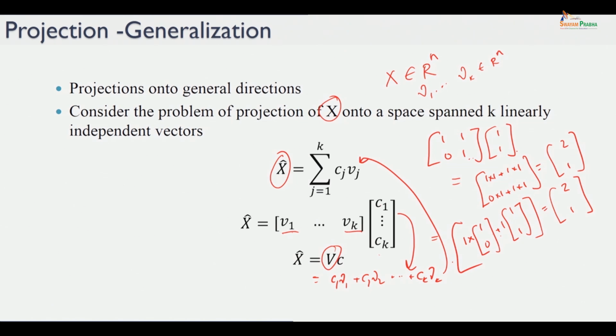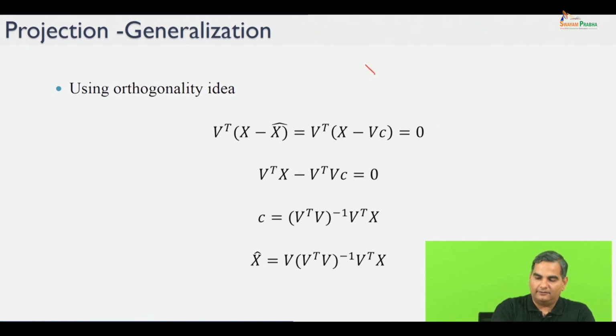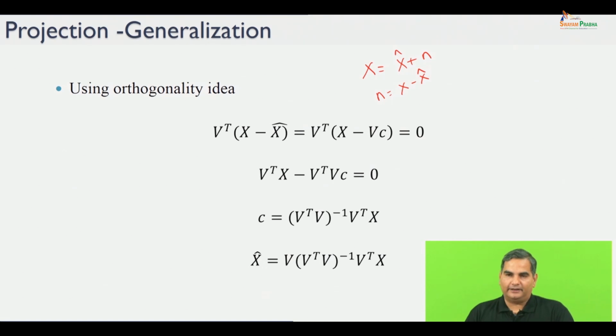Now let us proceed to identify the projection from here. We then use the orthogonality idea. Remember, we have x equal to x hat plus n, that means n equal to x minus x hat, and if x hat has to be a projection, then n has to be a vector that is orthogonal to the space spanned by the k linearly independent vectors.